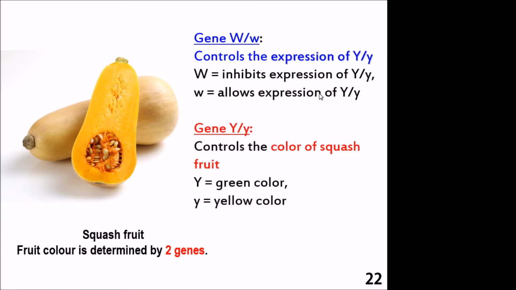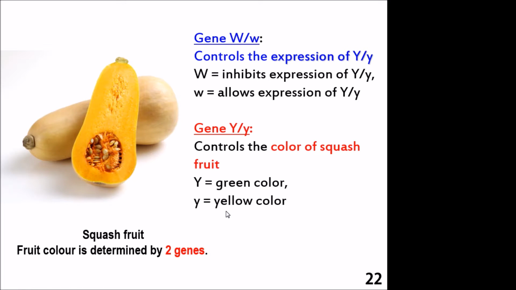Then what's the other locus? The other locus, gene Y, controls the color. So if you have a big Y, you'll be a green squash. If you have a small y, you'll be a yellow squash. Okay? So color is controlled by this gene locus Y.